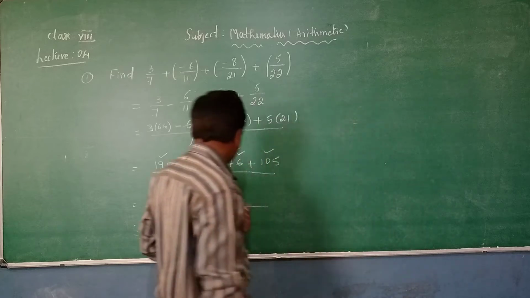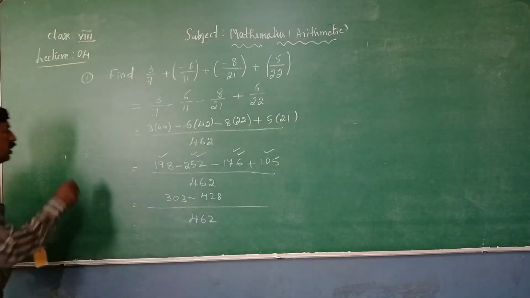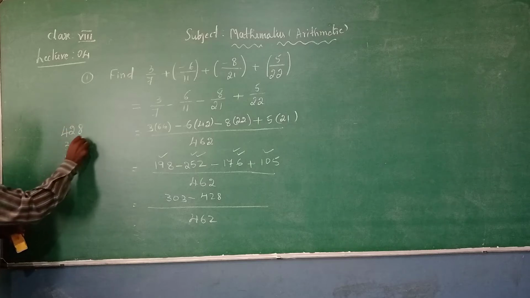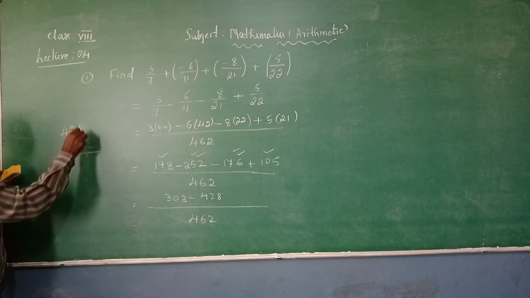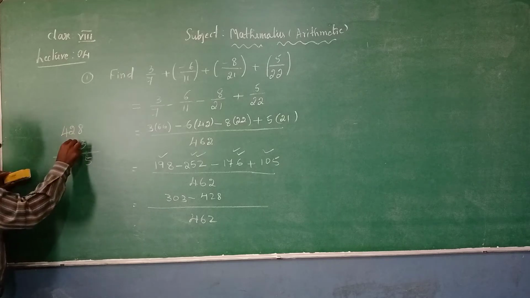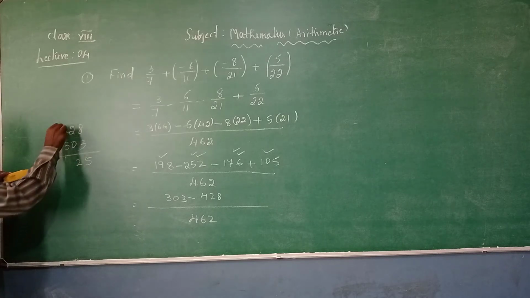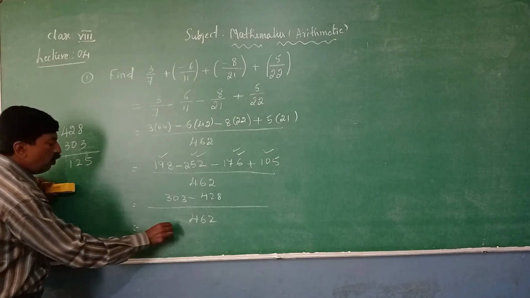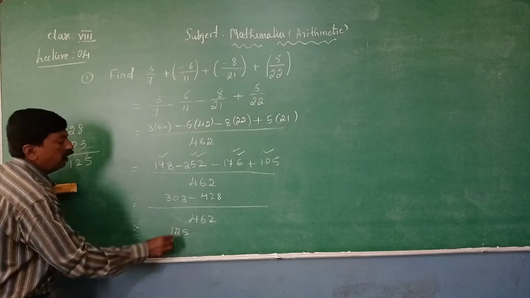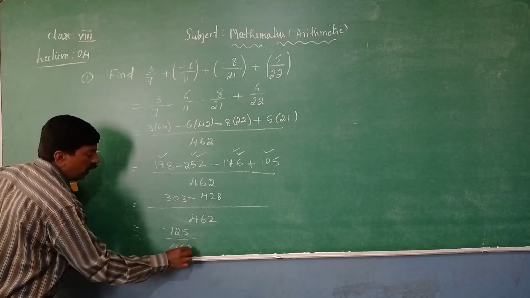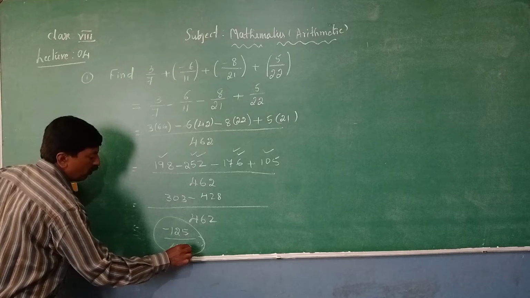Again find the difference of these two, 428 and 303. 8 minus 3 is 5, 2 minus 0 is 2, 4 minus 3 is 1. So it is 125, with the bigger number's sign, minus, divided by 462.